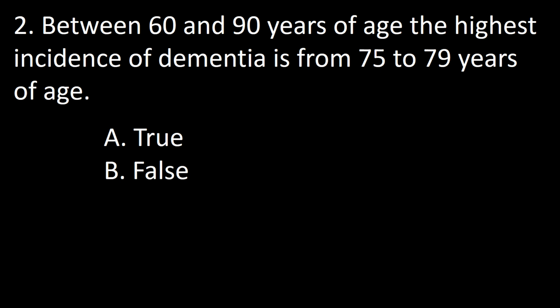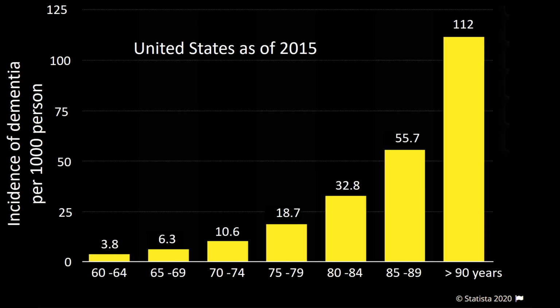Next question. Between 60 and 90 years of age, the highest incidence of dementia is from 75 to 79 years of age. True or false? The numbers presented in this chart are from the United States. As you can see, from 60 to 64 years of age, the incidence of dementia is very low, 3.8 per 1,000 people.